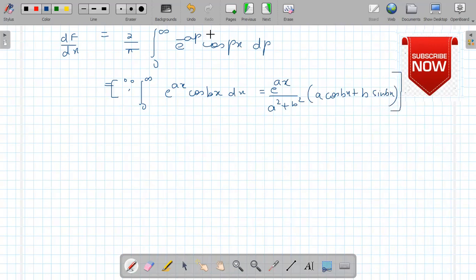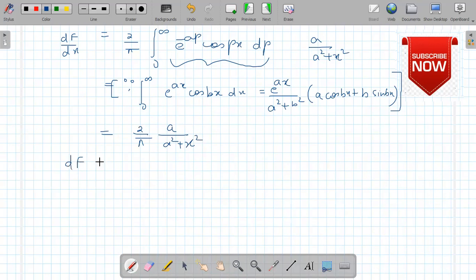Using this formula, its value will come out to be a upon a square plus x square, because here integration is with respect to p, so x is constant and a is constant. So this value is 2 upon pi into a upon a square plus x square.